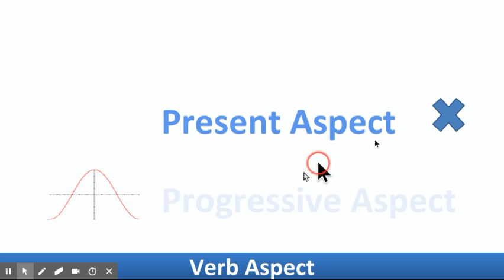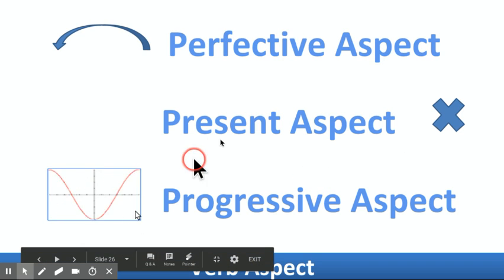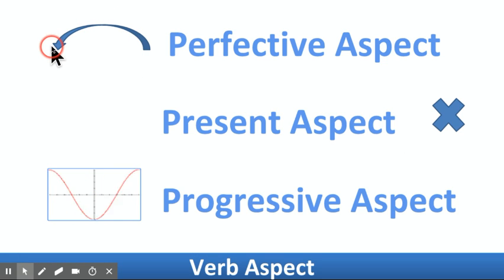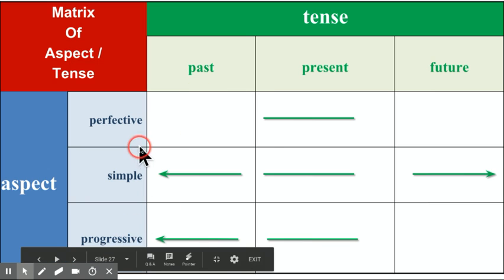So verb aspects: we have a simple aspect, which would be happens. Progressive aspect keeps on happening. And a perfective aspect is a current state as a result of a past action. It kind of looks backward. So therefore, to think of it in the matrix of aspect and tense, we have our tense here and our aspect here.